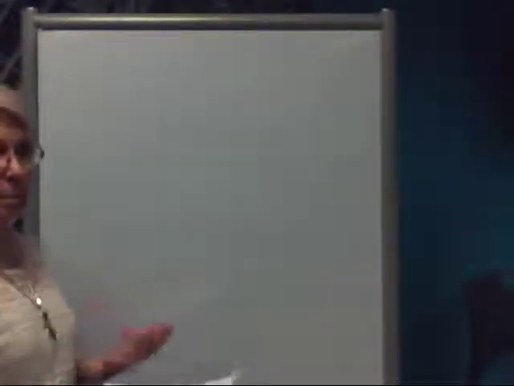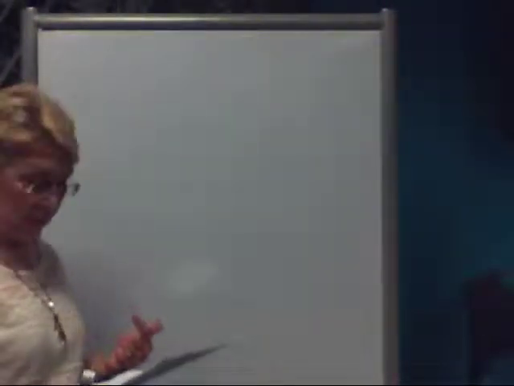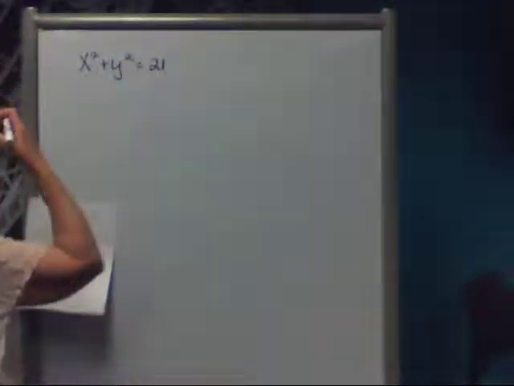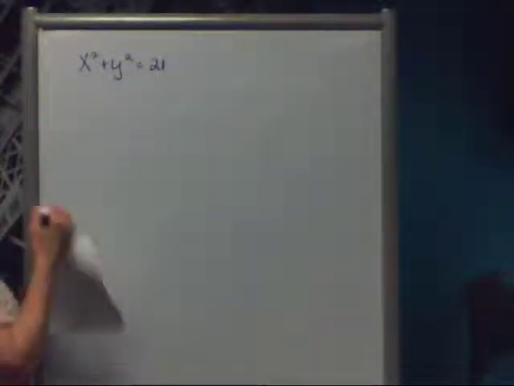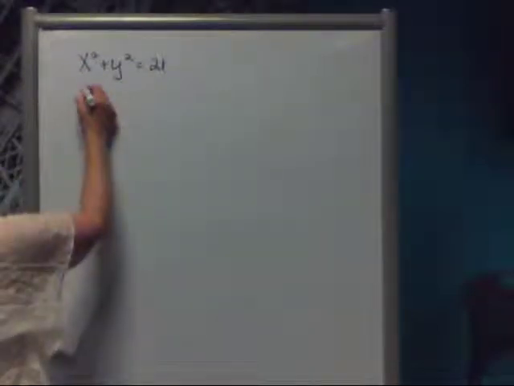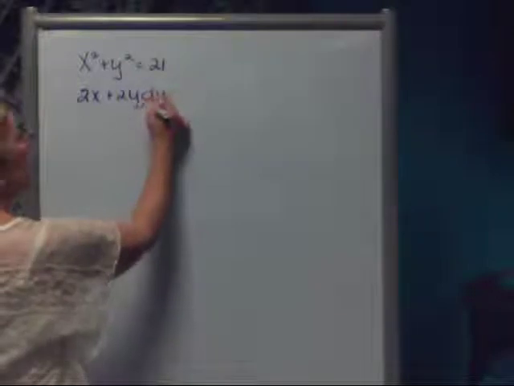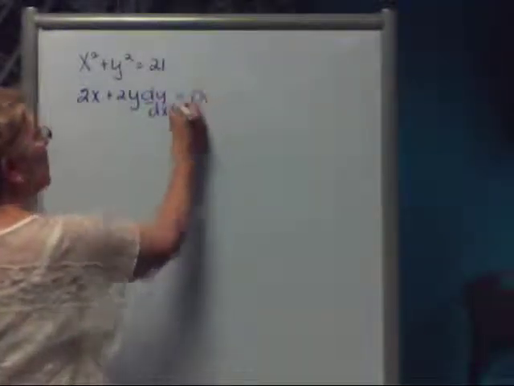The next problem on the practice test involves writing both tangent lines to a circle. The equation for the circle is x squared plus y squared equals 21. And again, we need to implicitly derive. So 2x plus 2y dy dx equals 0.